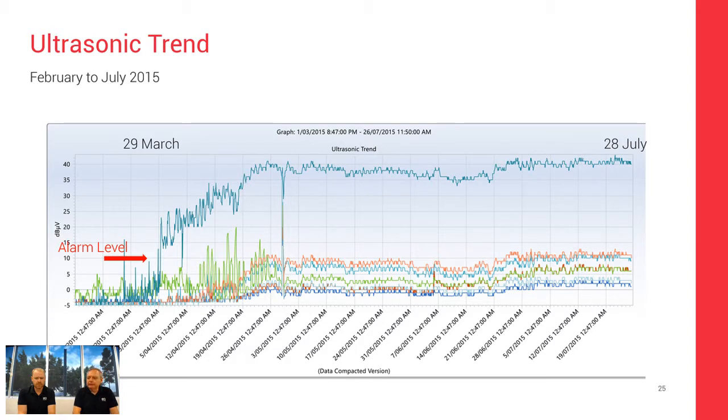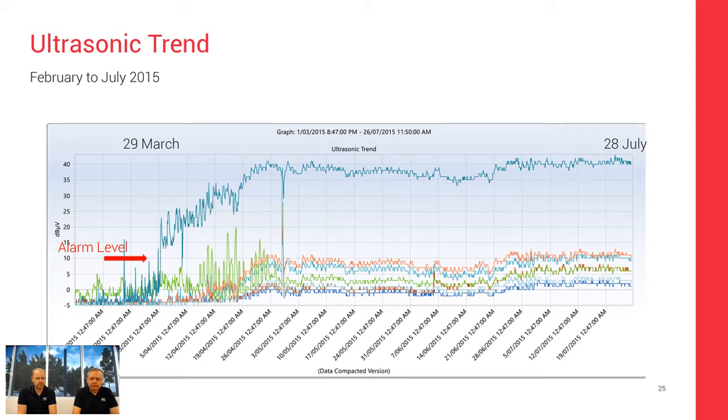If you look at the graph here, in February and March we've got very little going on. Towards the end, on the 29th of March, we've got a step change in activity. The ultrasonic alarm level would have been breached if we'd had the alarm level instigated and communications enabled.